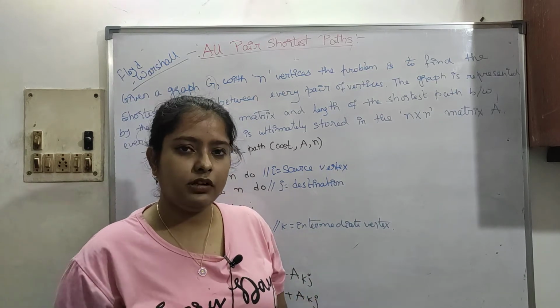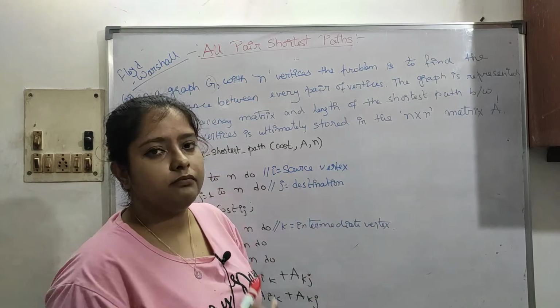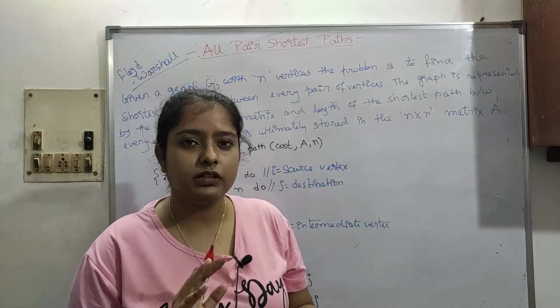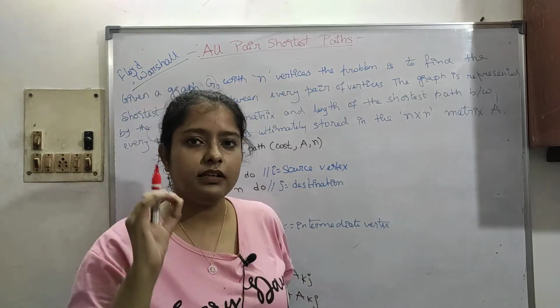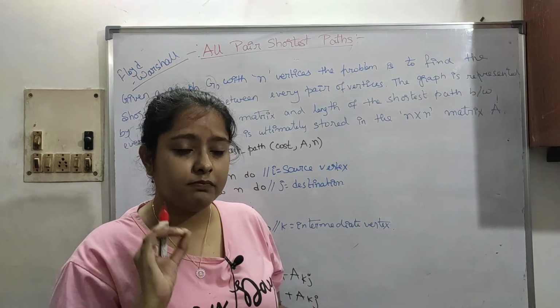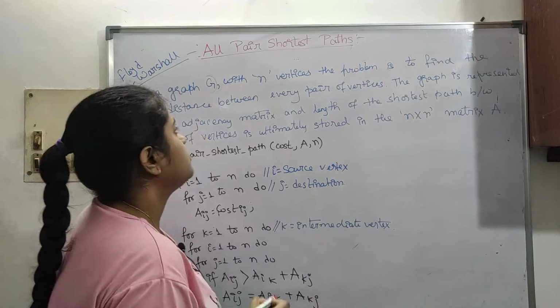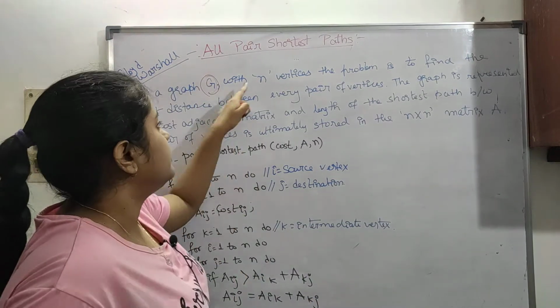In name only it is quite understandable, but still we are here, so don't confuse it. All pair shortest path means in the final matrix you will get the minimum cost from any vertex to any vertex. Now our graph G is given with n vertices.